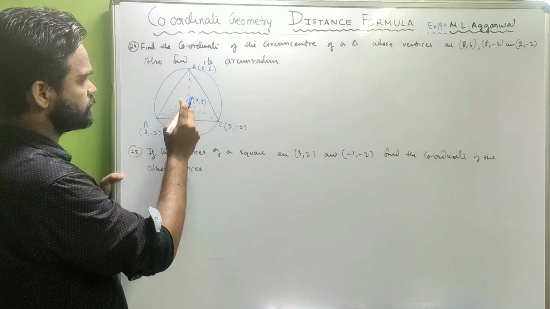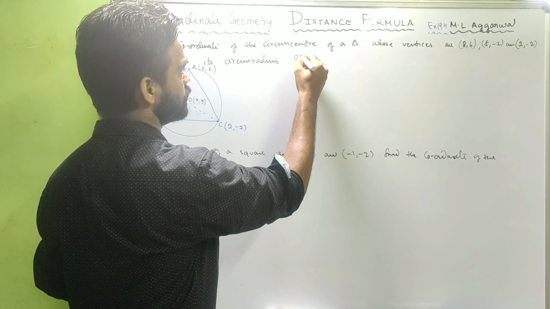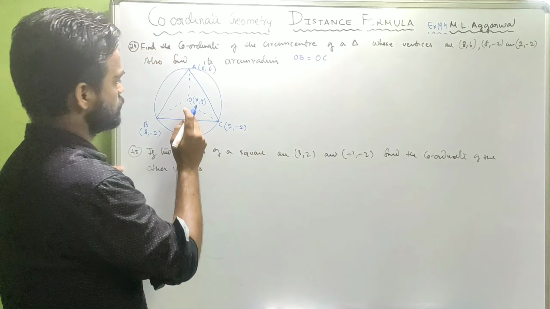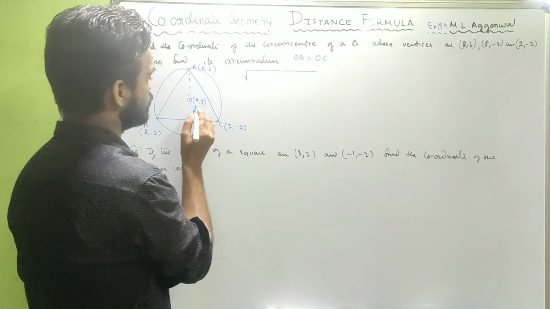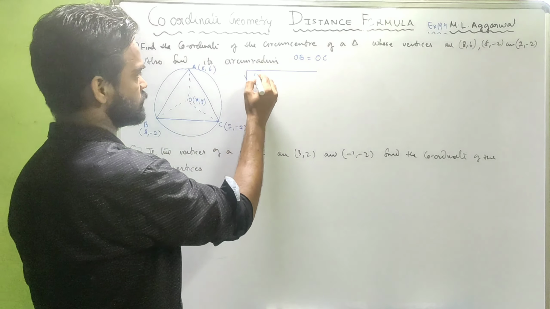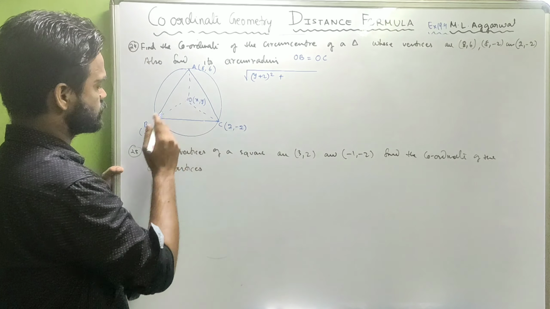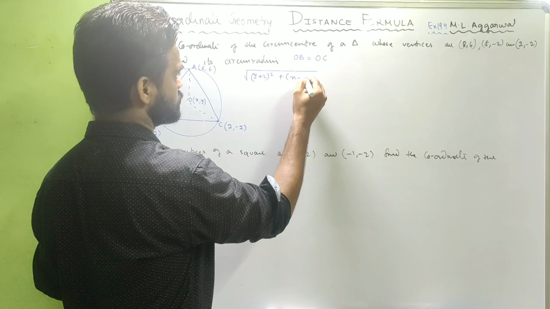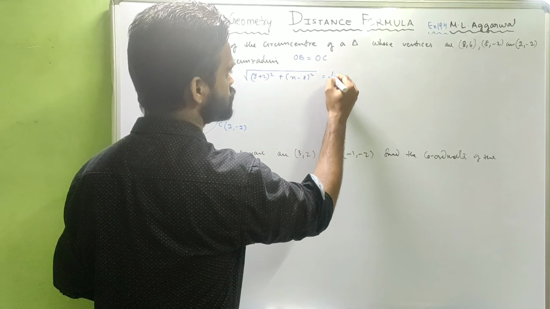So what I'll do, I'll first equate OB is equal to OC. Just look over here. OB equals OC. So OB is what? Root of, just look, y2 minus y1, that's (y plus 2) whole square, plus x2 minus x1, that's (x minus 8) whole square. And this is equal to OC.